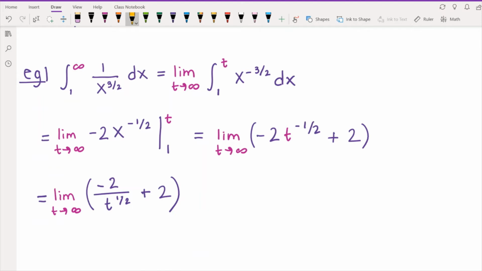And the same thing holds if you put a different number in the numerator. That doesn't make a difference. As long as you are taking the limit as t approaches positive or negative infinity of t raised to any power, and that power is in the denominator, the limit is always going to be 0. So we would get 0 plus 2, which is 2. So it converges.